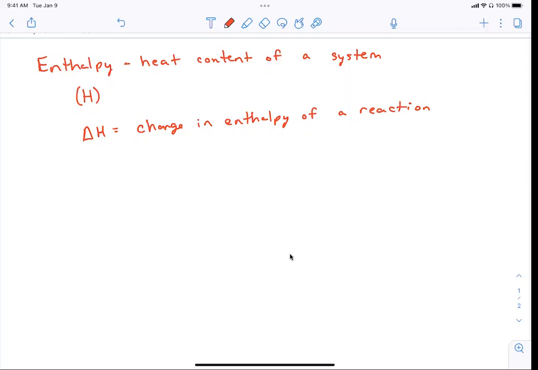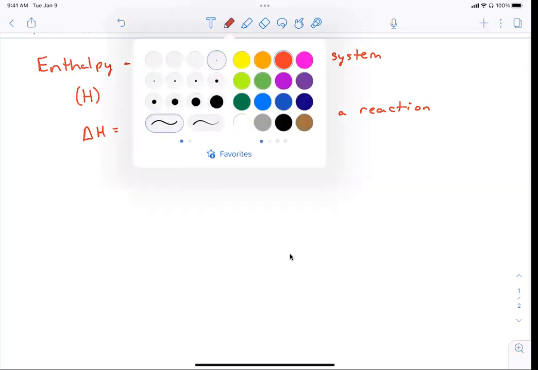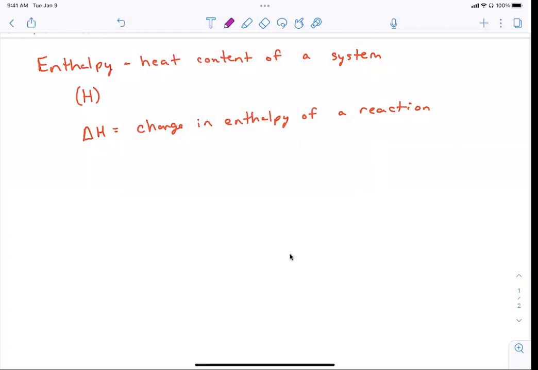You'll notice that there are subscripts and superscripts that attach to this term. If we have delta H with a degree symbol up top, that means standard enthalpy of reaction.